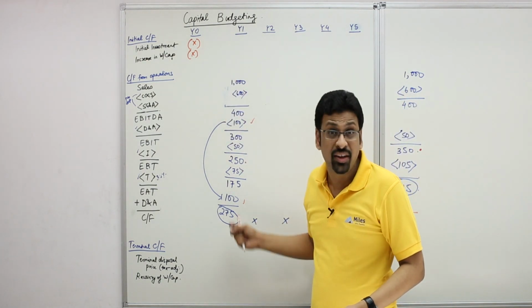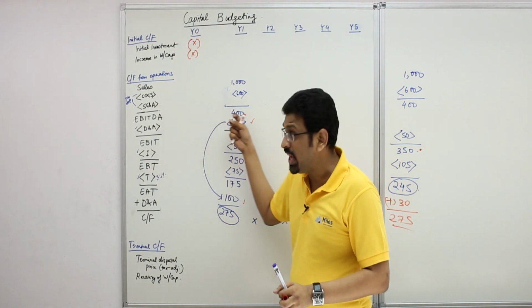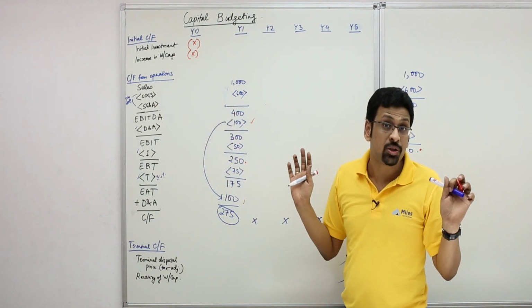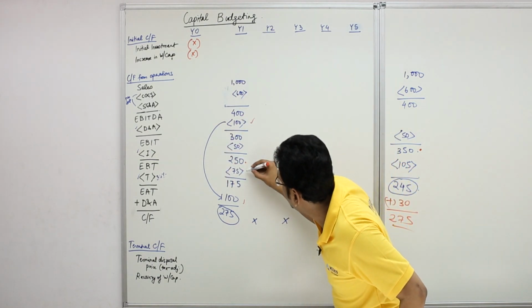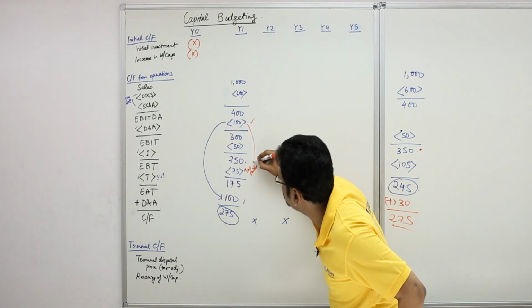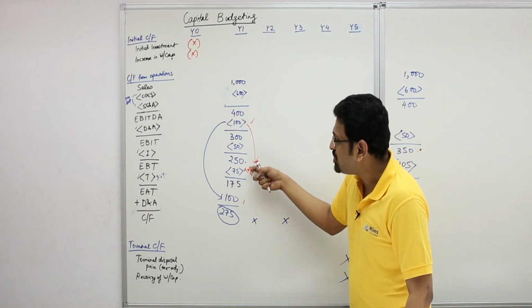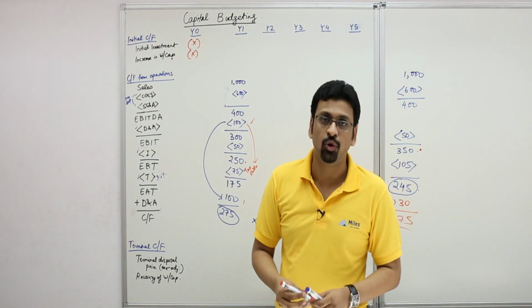I really love this way of doing it. The way we subtract depreciation and amortization first, then calculate the taxes, add back depreciation. So this depreciation provides us with a tax shield here. So use the tax shield, add back depreciation, amortization, get to your cash flows.